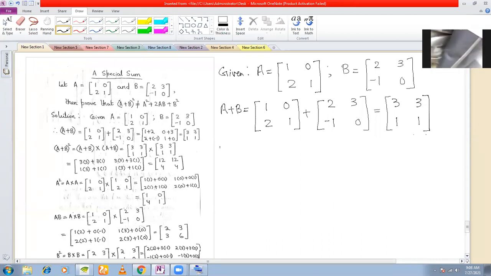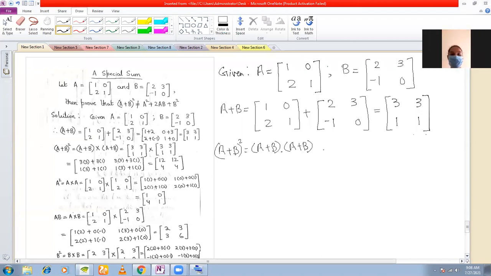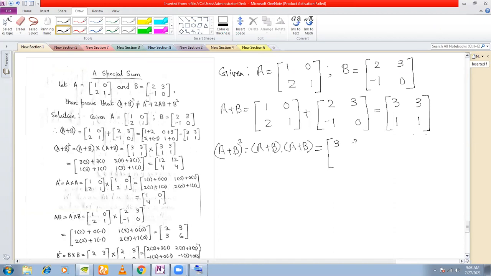Now we proceed to find out A plus B whole square. A plus B whole square is nothing but the product of A plus B taken with A plus B. So multiply these 2 matrices.